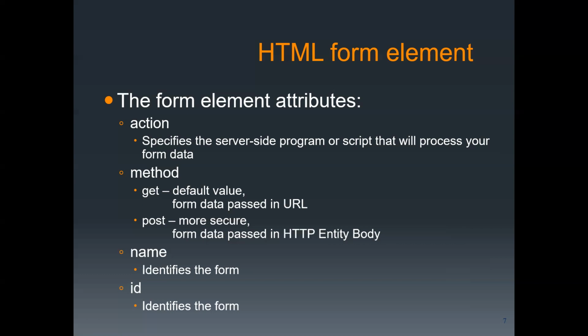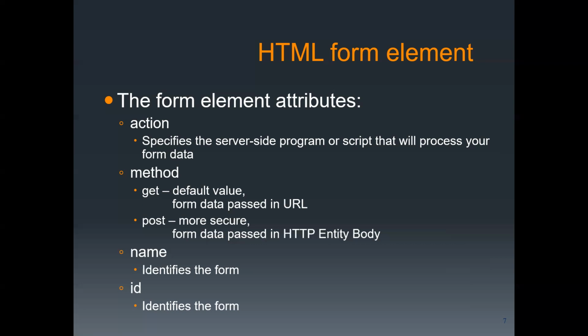Another attribute of the form is the method. The method has only two values: get and post. Get is the default value, where form data is passed in the URL, so it just passes to other web pages, other URLs. Post is more secure, where form data is passed in the HTTP entity body.